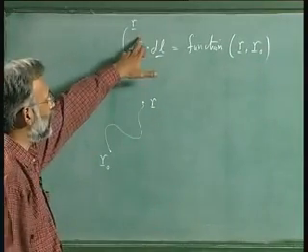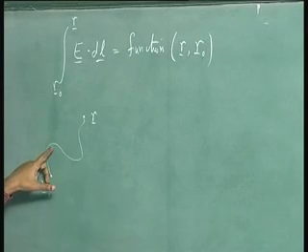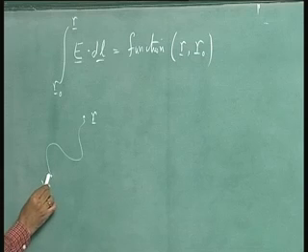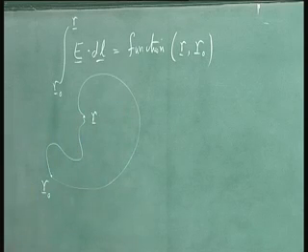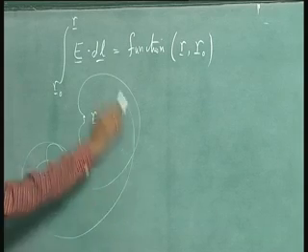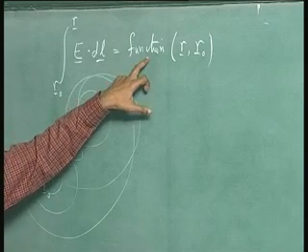It depended on the value of r, it depended on the value of r naught, but it did not depend on how you went from r naught to r. You could have gone this way, you could have gone this way, you would have got the same answer.